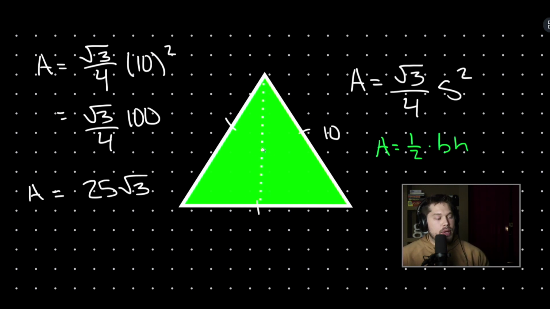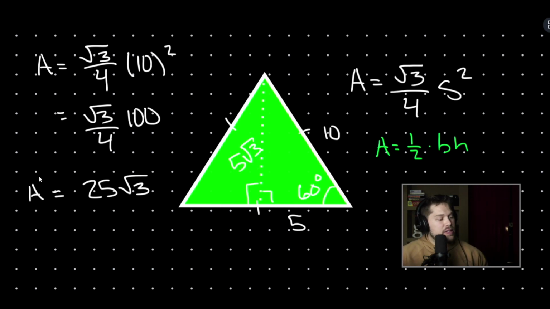So if I drop down this perpendicular bisector from our top vertex, both of these angles will be right angles. And since it's an equilateral triangle, all of the angles are equal to 60 degrees. And so I can use my knowledge of special right triangles to determine that this side length is 5 and our height is a length of 5 times the square root of 3.